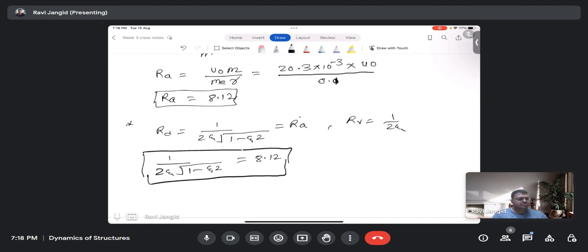There we have only the maximum amplitude. They are given already in the problem. The maximum amplitude is given. Accordingly, we are finding RA as a maximum. So now using this, you can find out the damping value.